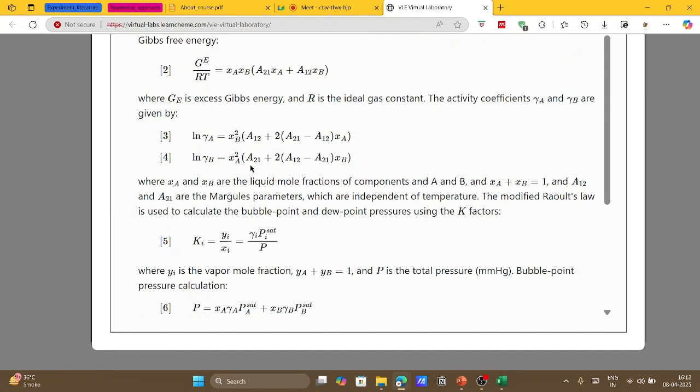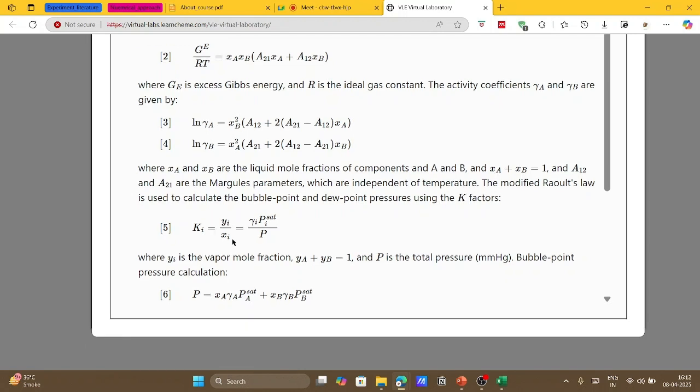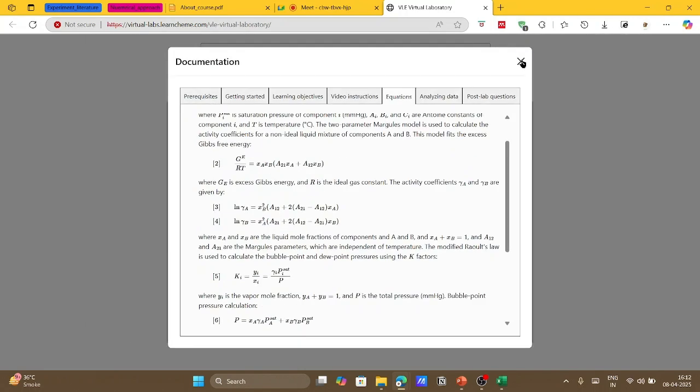So for the corresponding xi we compute the activity coefficient, and from modified Raoult's law we compute the corresponding yi. Then we will take the difference between the experimental and theoretical data to fit this A12 parameter.